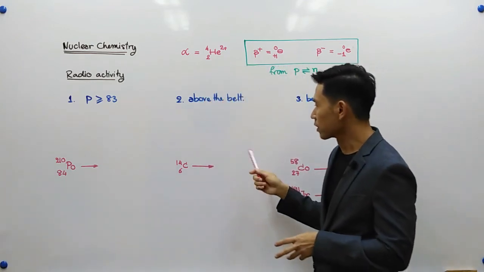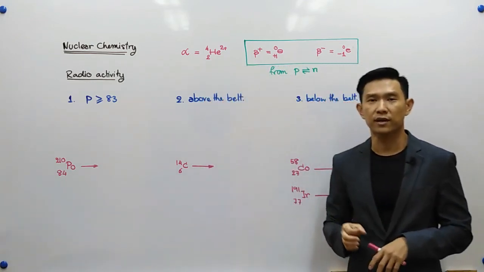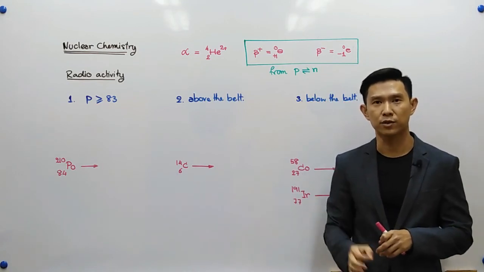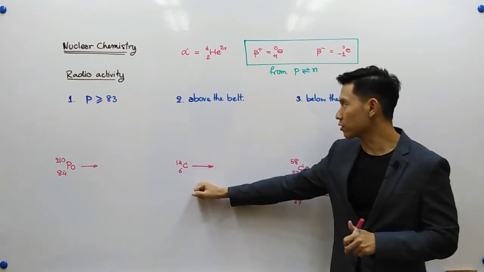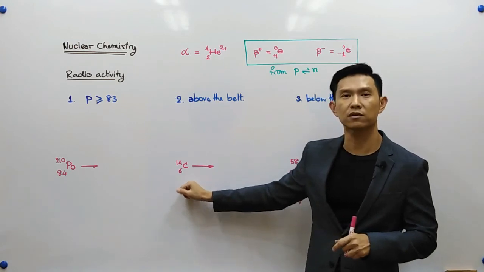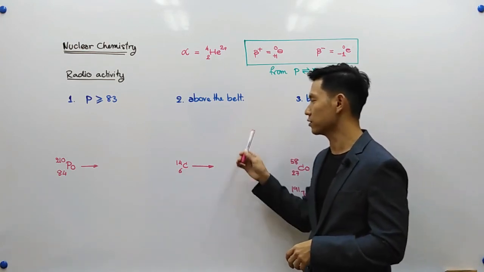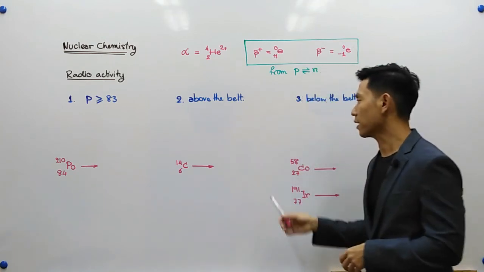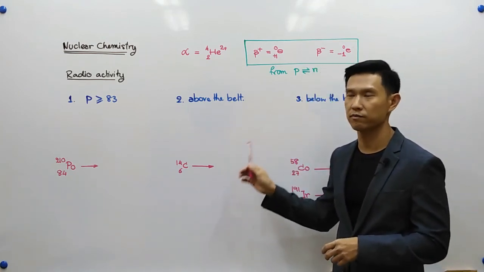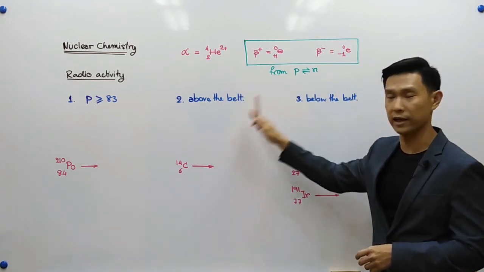And then carbon-14. Do you know that the stable isotopes of carbon are carbon-12 and carbon-13? So if this one is not stable, it must be unstable for some reason, right? How can you stabilize it, and by which kind of radiation?